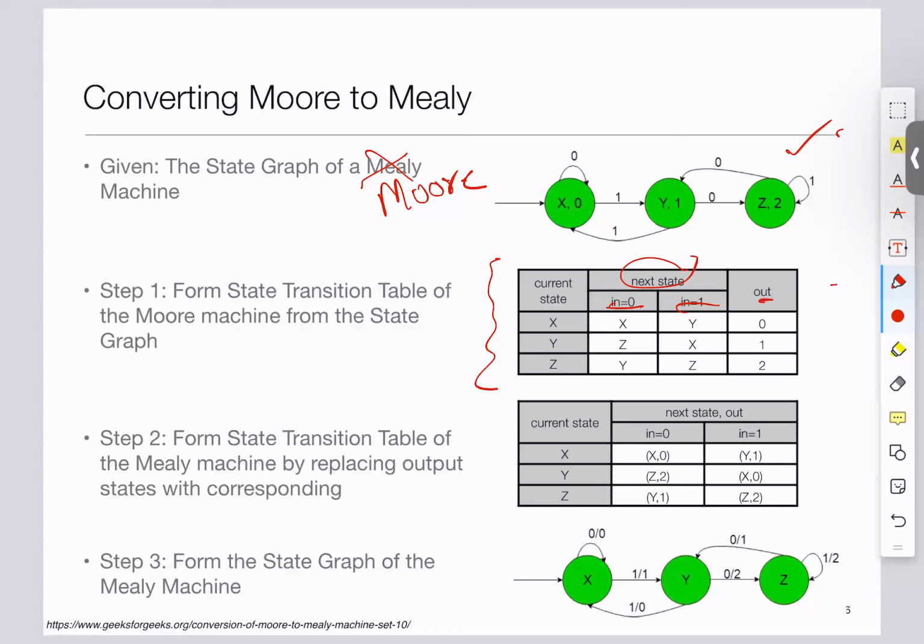So I create this, and then we form the state transition graph with the output now written in this manner.